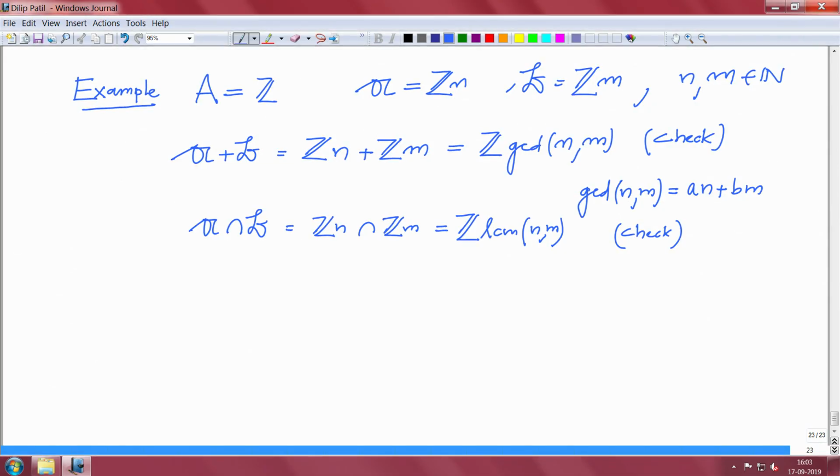This is school arithmetic getting converted into the language of rings and ideals, on divisibility and so on. Alright, so this was one. Now the next definition about operations on ideals, the third one, is the product.